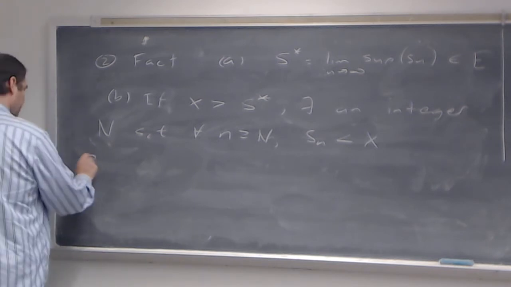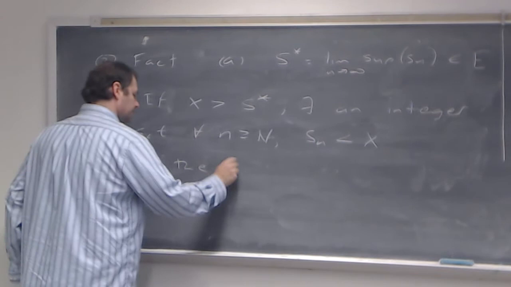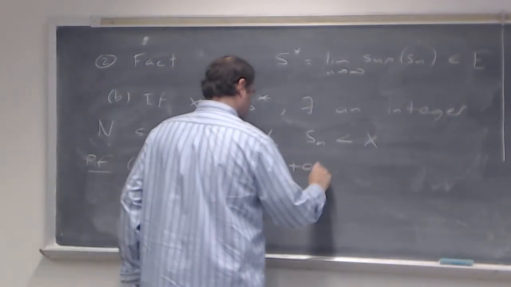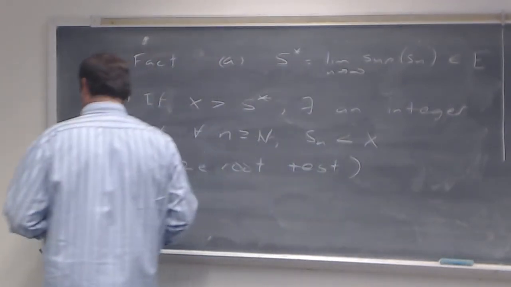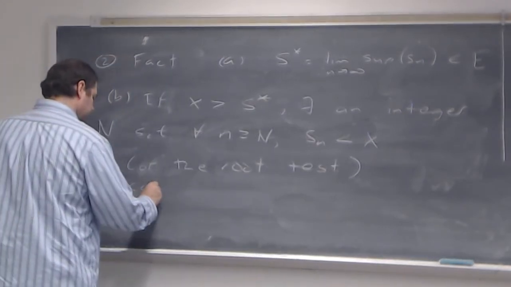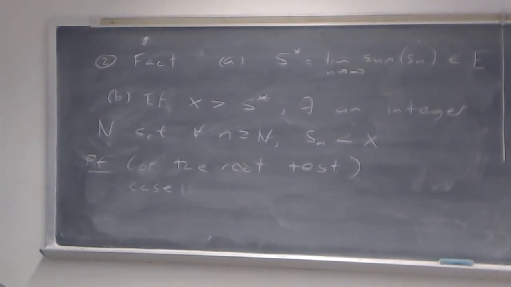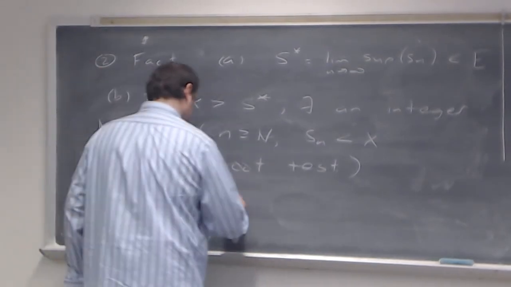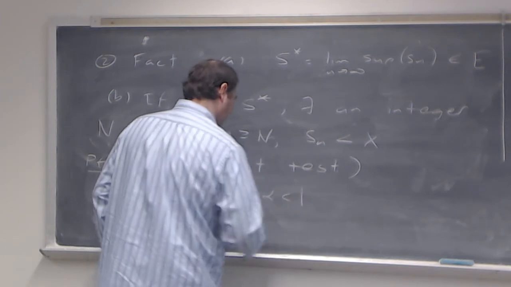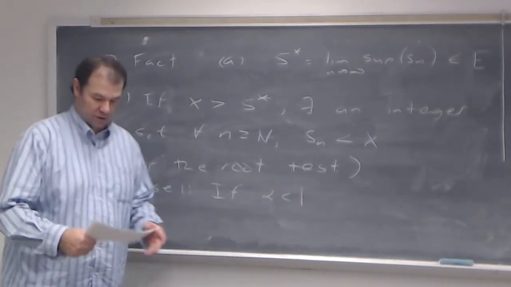So here's the proof of the root test. We're going to break it into cases, because of the statement of the root test. So case 1, if alpha is less than 1. Remember, in this case, we want to show that the series converges.